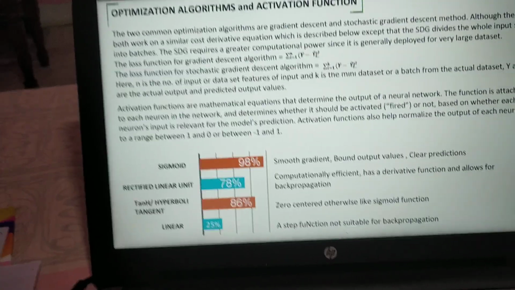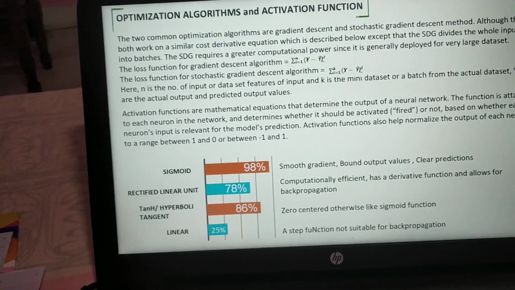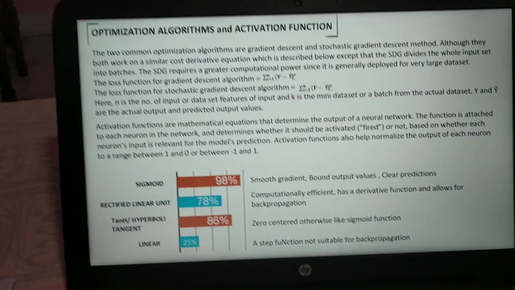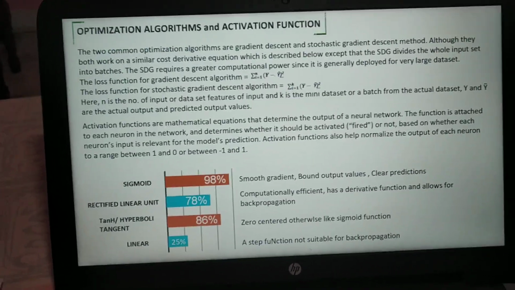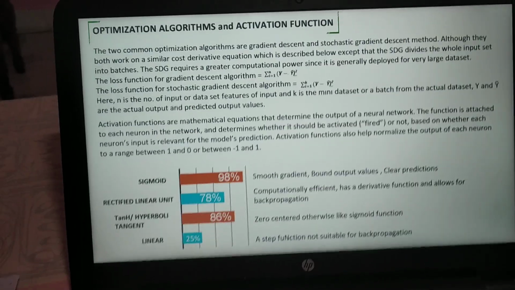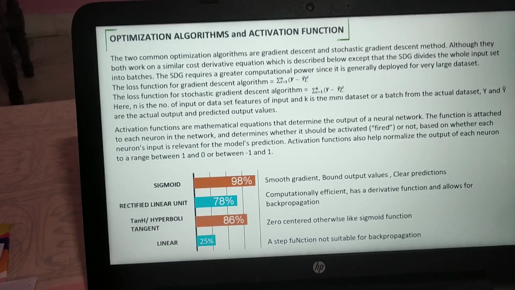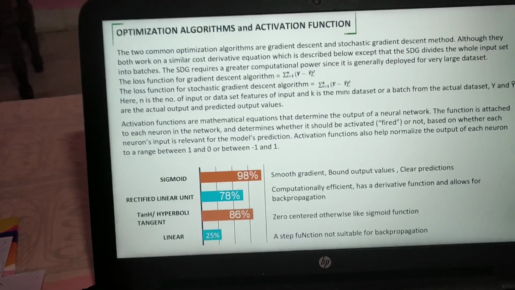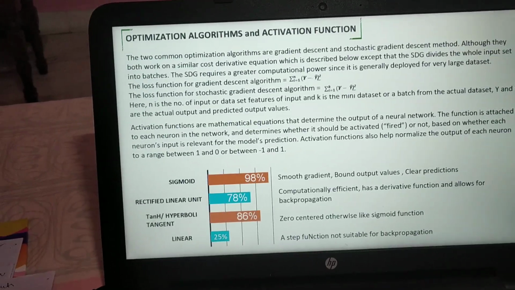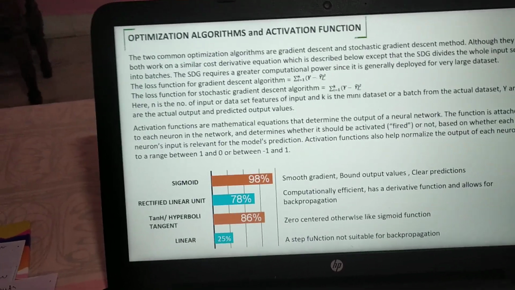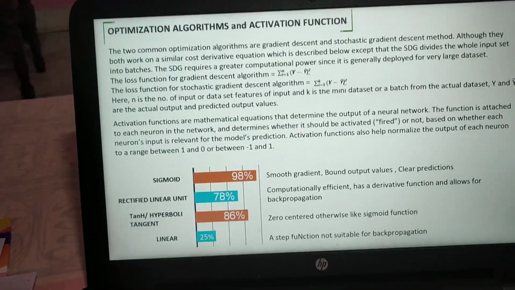The only difference between these two is that in a gradient descent algorithm, we generally use only a small range of data, that is, the number of inputs for the data set is very small. Whereas in case of a stochastic gradient descent algorithm, the data set varies hugely, and this data is further divided into many data sets or batches, so that we can predict the various different output values for different mini data sets.